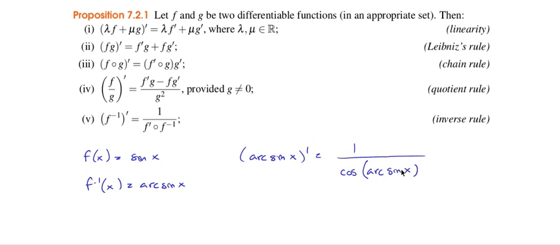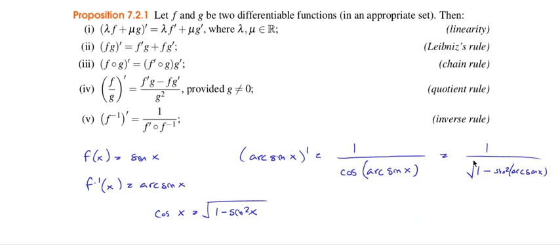Now, how do we express this in an easier way? Well, we know that the cosine is the square root of 1 minus the sine squared. So this is equal to 1 over the square root of 1 minus the sine squared of the arc sine of x. But this is the same as x squared. So the derivative of the arc sine is 1 over the square root of 1 minus x squared.